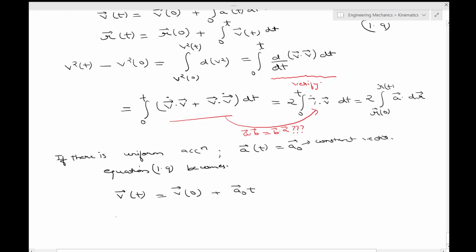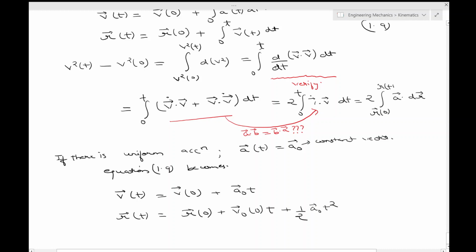Similarly you have the position at t is equal to r of 0 plus v naught of 0 t, plus half a naught t square.